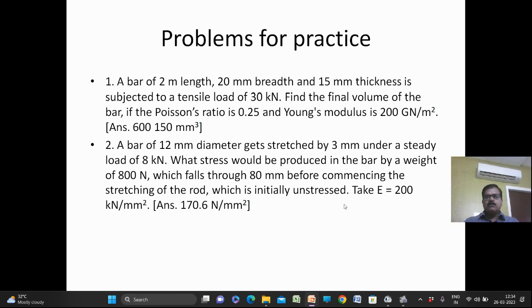So the rod was unstressed, but the falling weight of 800 Newton through a height of 80 mm initiates the stretching of the rod. The first one is a simple stress case and the second one is the impact stress case. So find out the required things from problem 1 and problem 2.